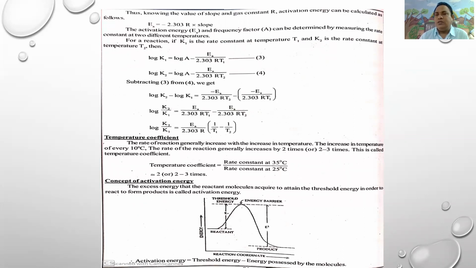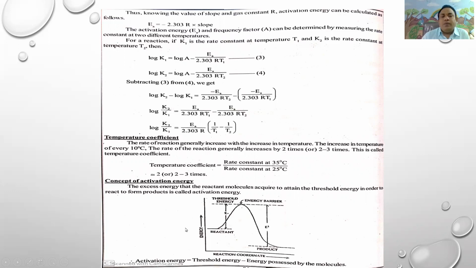Only fruitful collisions cause the chemical reaction. Therefore, to obtain fruitful collisions, the minimum amount of energy required is called threshold energy. The excess energy that reactant molecules acquire to attain threshold energy in order to react and form products is called activation energy.